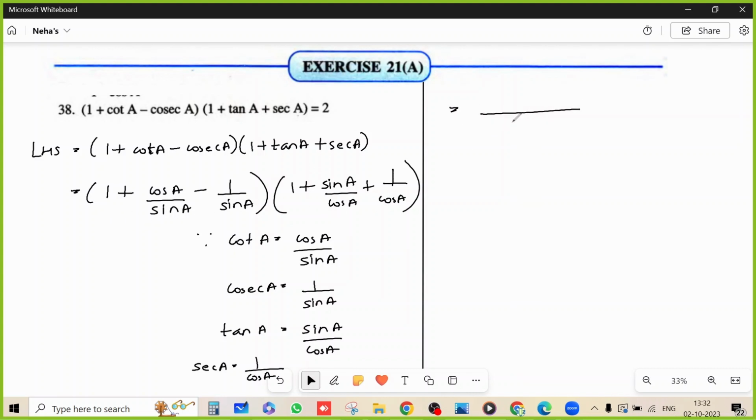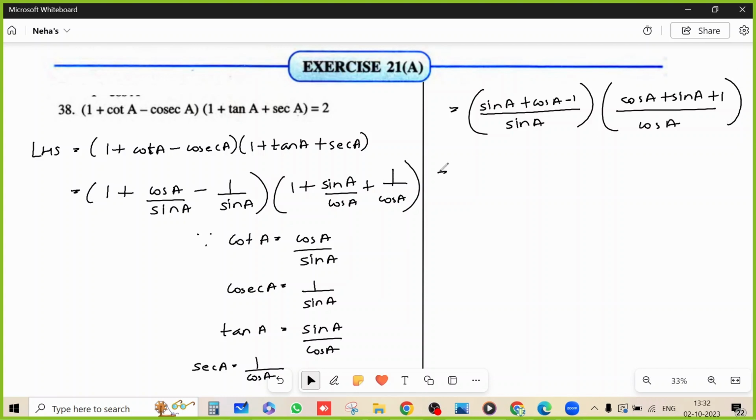So it would be sine A in the denominator, and the numerator will be sine A plus cos A minus 1. The second bracket will have the denominator as cos A, and the numerator will be cos A plus sine A plus 1.